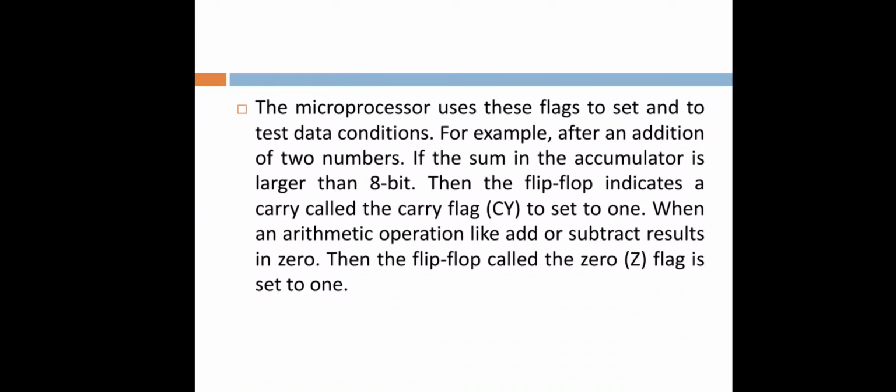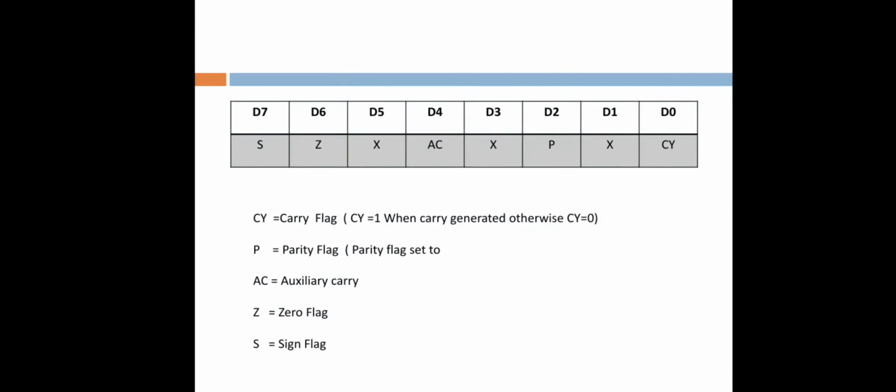So whenever an arithmetical operation is performed and the content of the accumulator is 0, the zero flag is set. As shown in the figure, this is the format of the flag register. It consists of a total of 5 flags, and a cross indicates that the bit is reserved for the user.